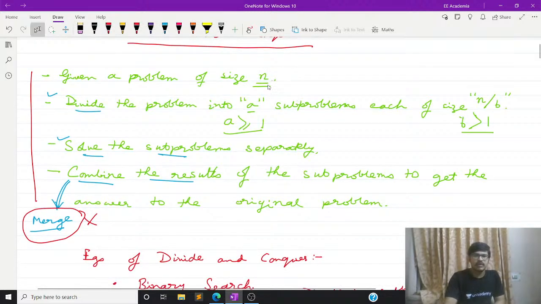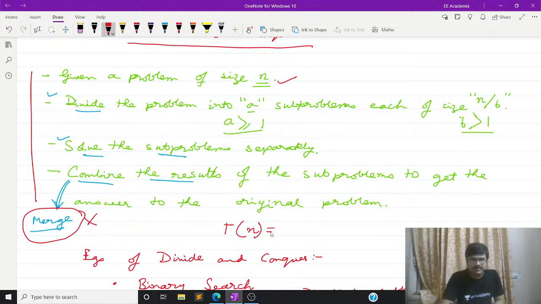We divide the problem of size n into a subproblems of size n by b each. So if you write the recursive relation for this, it will look somewhat like T(n) = a * T(n/b) + f(n). You solve these a subproblems recursively, and the time taken would be a into T of n by b.